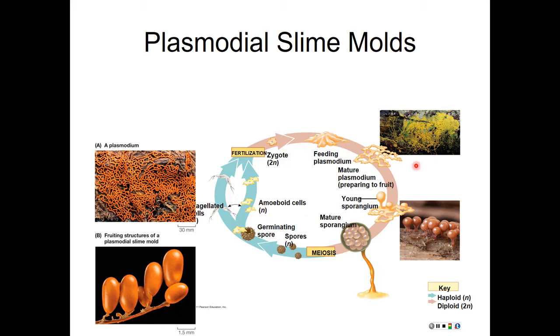So we have our mature plasmodium that stopped dividing through mitosis, and it sends up this structure called a sporangium. And the word sporangium translates into spore house. Because within this sporangium, we are going to undergo the process of meiosis to make spores.